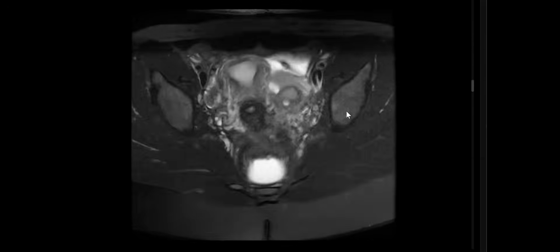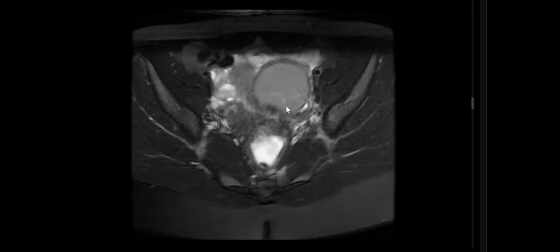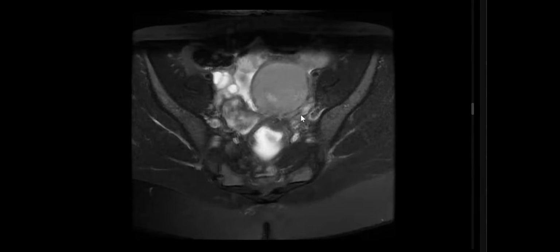So I can see that there is a large, well circumscribed structure which is showing intermediate intensity on T2 fat set sequence. Good.